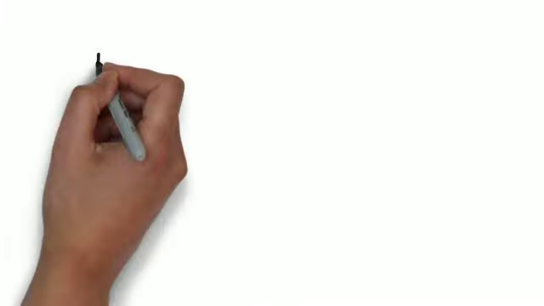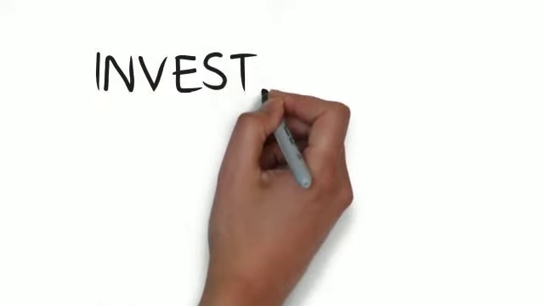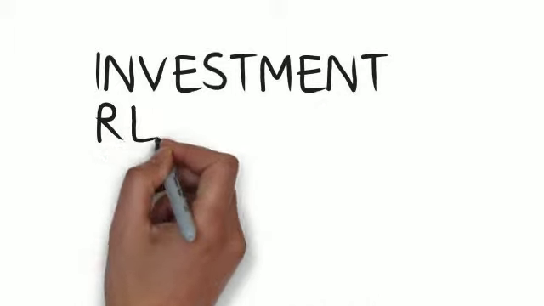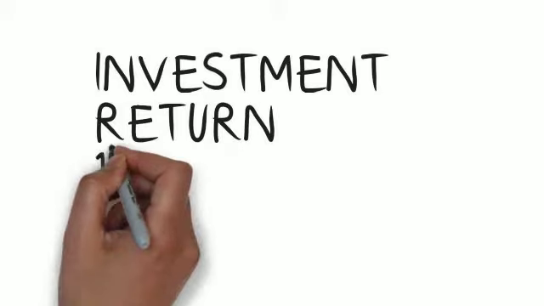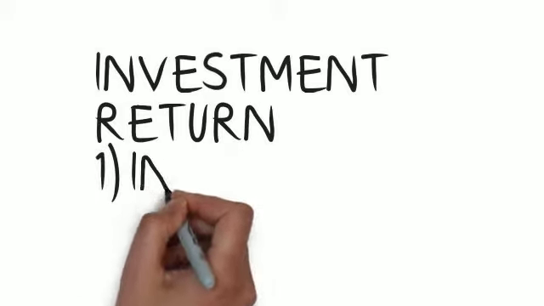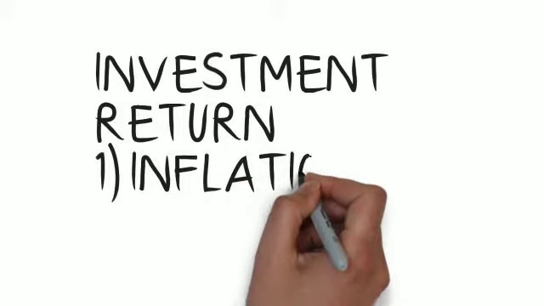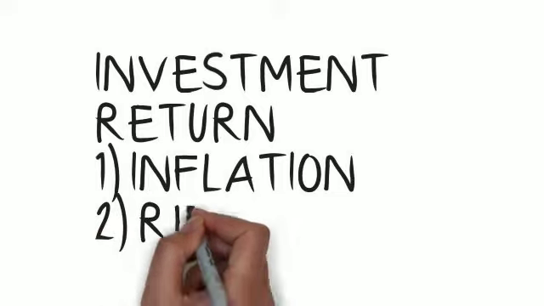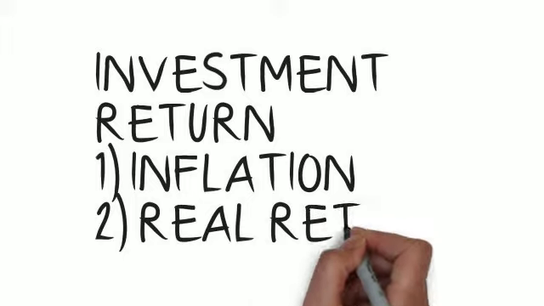And you are right to wonder, because investment returns are made up of two parts. So there is the first part, inflation. When we put money aside, one of the key objectives is to maintain the purchasing power of that money.